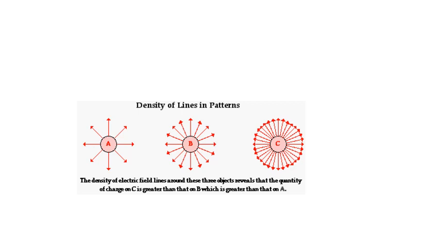The density of electric field lines around these objects reveals the quantity of charge. C is greater than B or A. How am I saying this? Yes, by observing the density of lines.